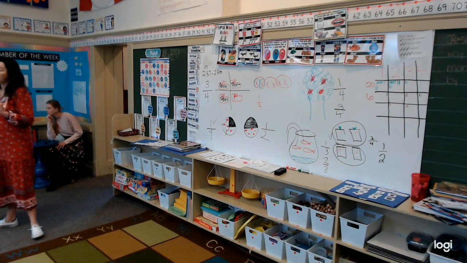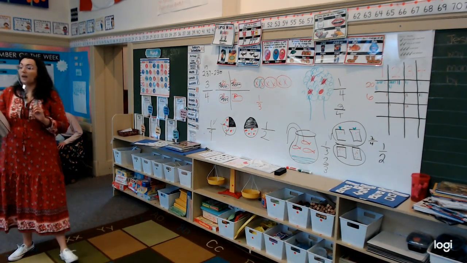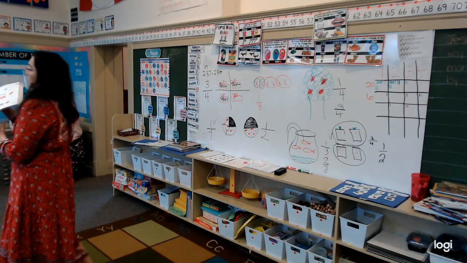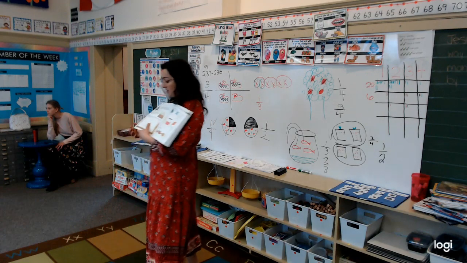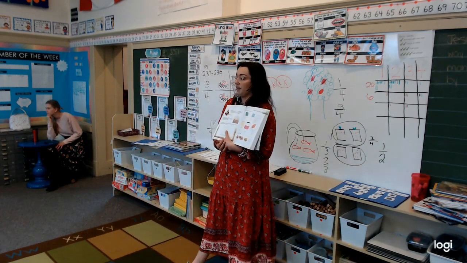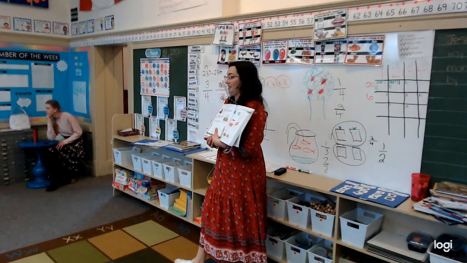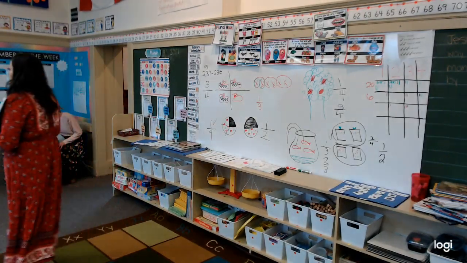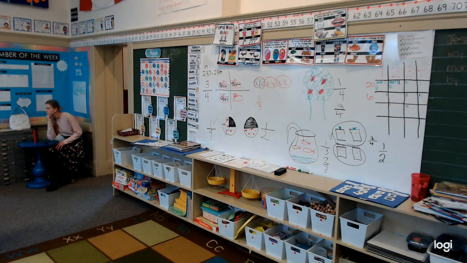So how many are left over? 2. So 2 out of how many grapes? 2/4. So there are 2/4 left of the grapes. So everyone should write that in the little fraction square.